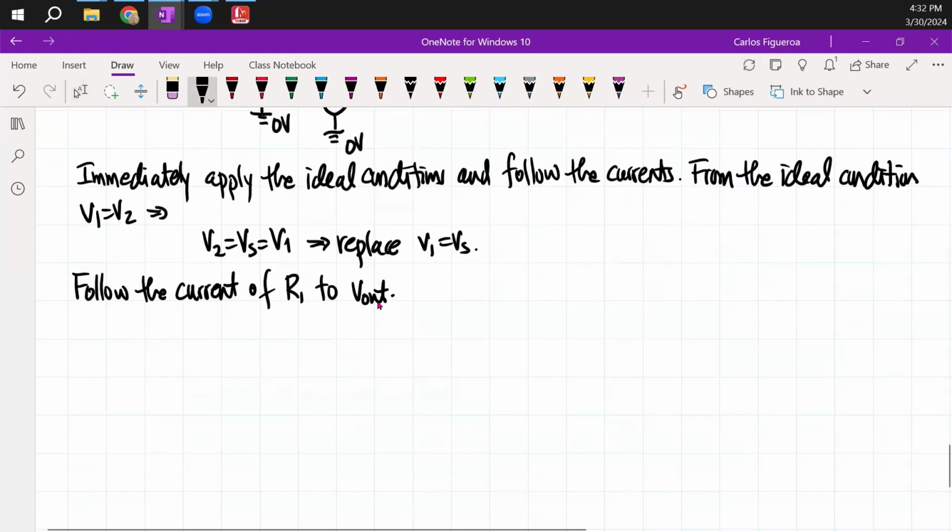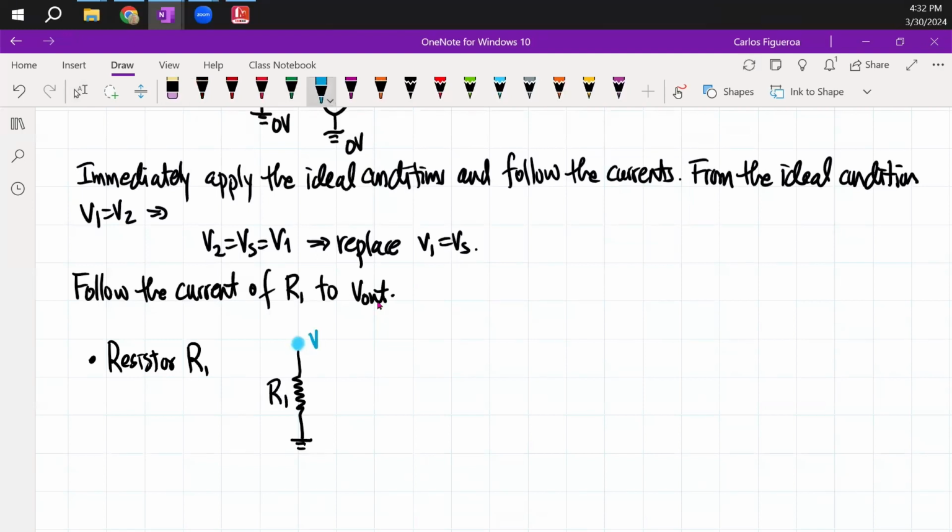So let's take this in steps. I'm going to focus on resistor R1. We've already done this, but we should do it again because we're trying to be independent of node. We call this R1. We know that this is V source, and we immediately say that this is now IX.